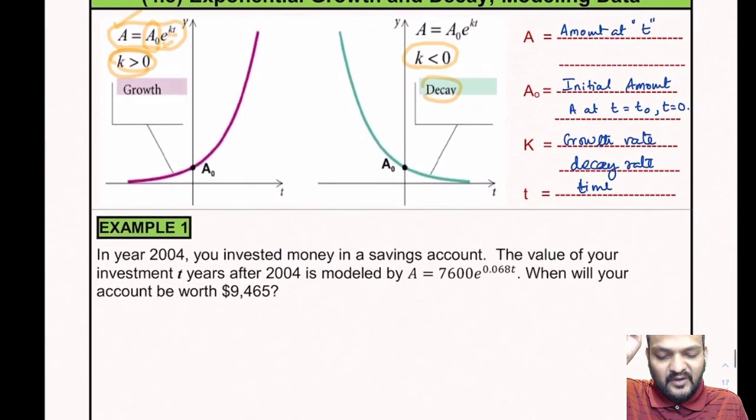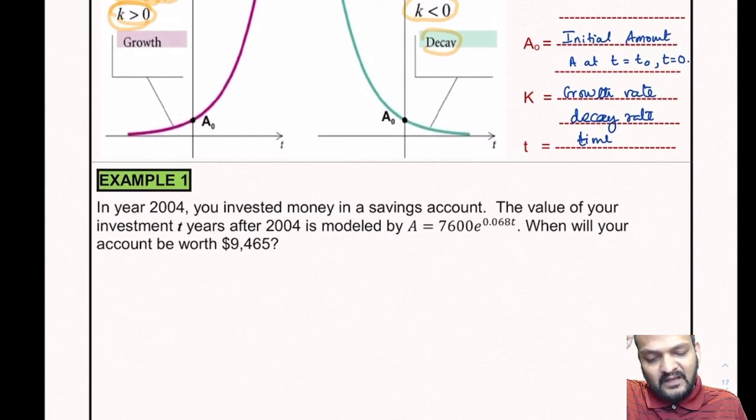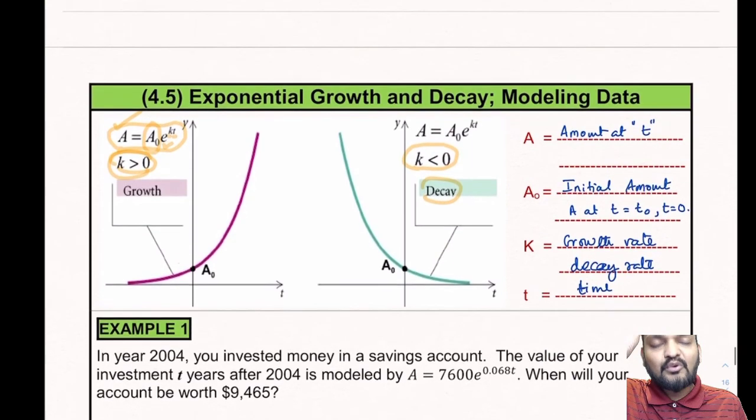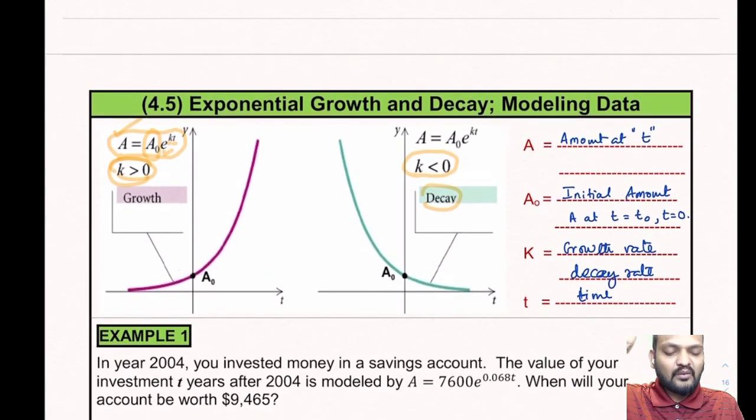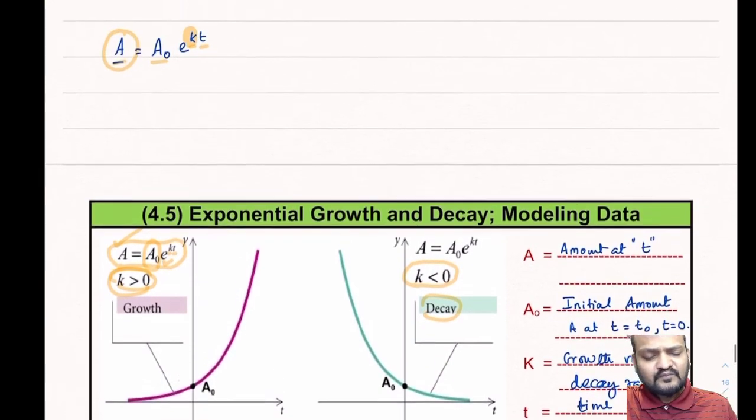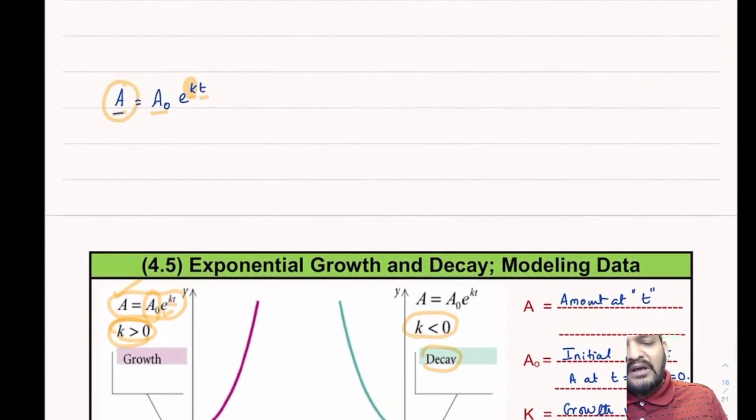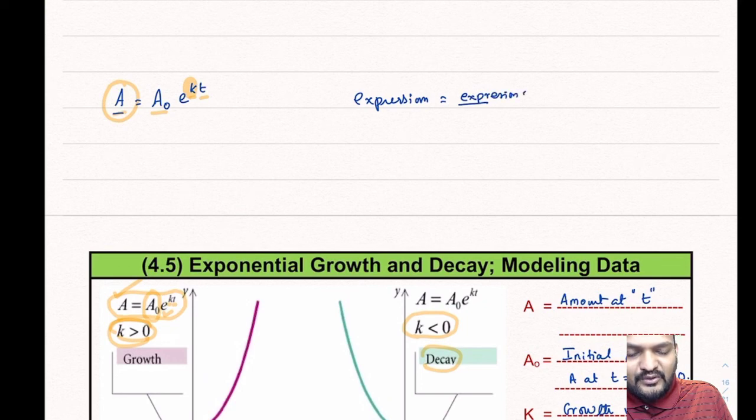So let's take a look at a simple problem and see how we solve these problems. The strategy is the following. Usually you're going to have an equation with an expression, times another expression, times e to the something.